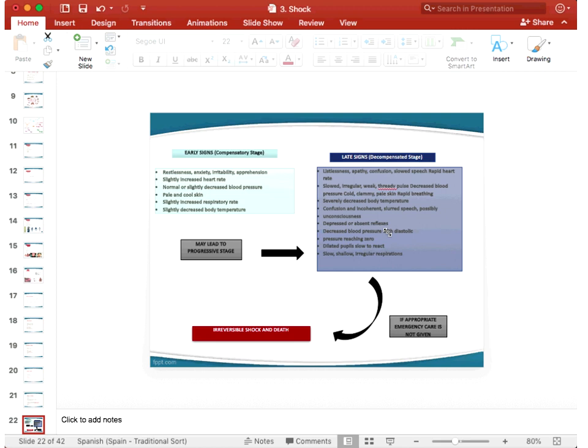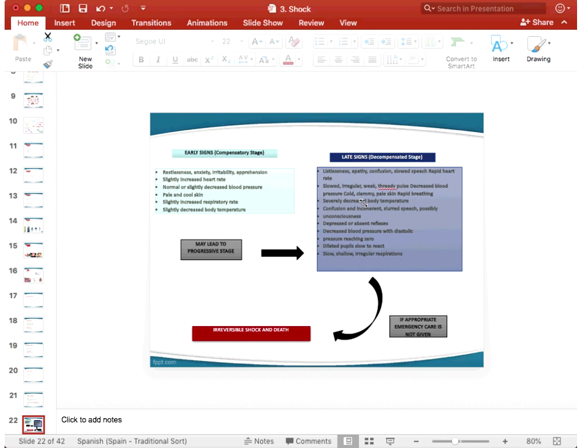Let's assume that we're talking about a hypovolemic shock, and you see a patient like this. It is cold, it is pale, it has low blood pressure, tachycardic. Well, I think it's kind of obvious, don't you?